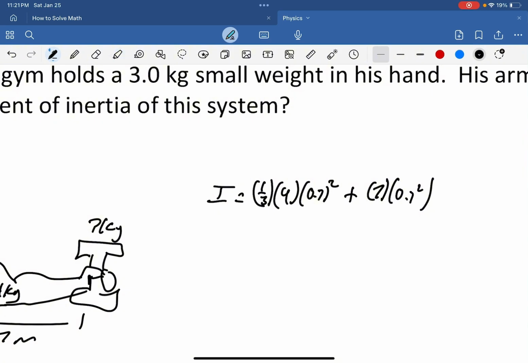Sorry, not 7, because the weight has a mass of 3 kilograms.